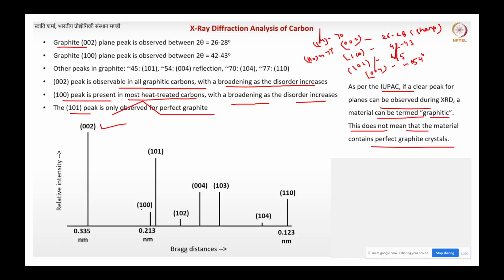Then there are 100, 101, 102, 004, 103, 104, and 110. So these are all the peaks that you can obtain in your carbon material.